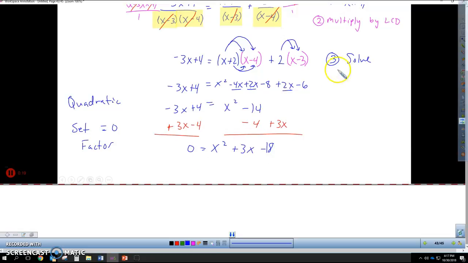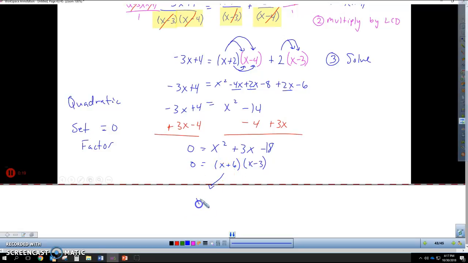To solve this, I want to factor. What factors of 18 produce a positive 3? Well, that's 3 and 6, so x plus 6, x minus 3. This is equal to 0, which gives us our two solutions.